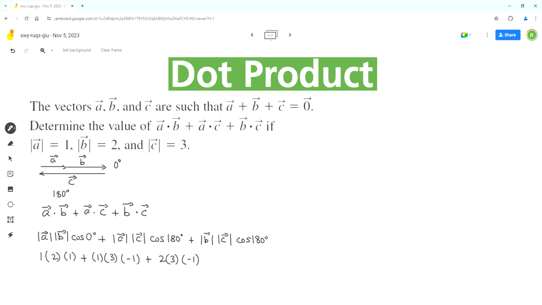So 1 times 2 times 1 is 2. 1 times 3 times -1 is -3, and 2 times 3 times -1 is -6. So if we combine these numbers, I get -7. So this should be the final answer for this problem.